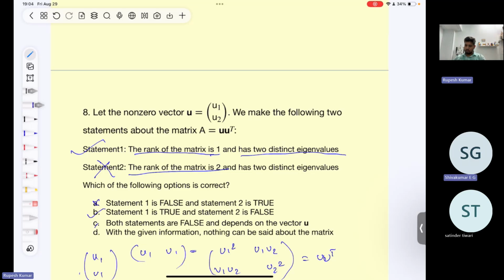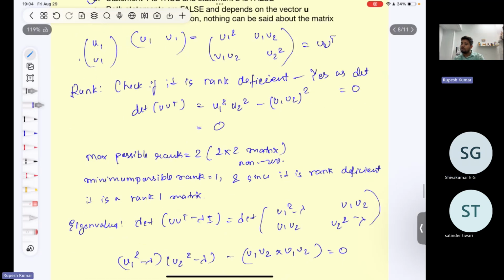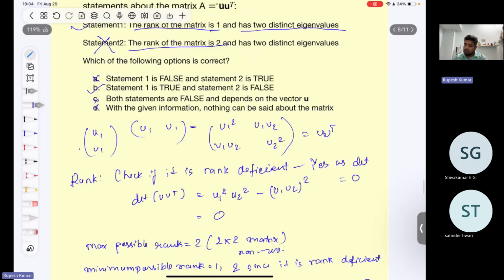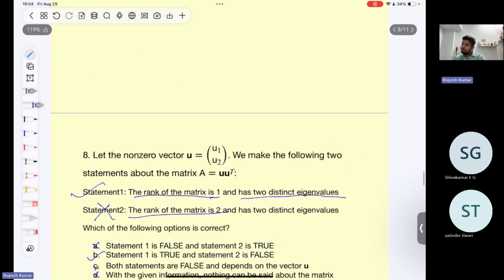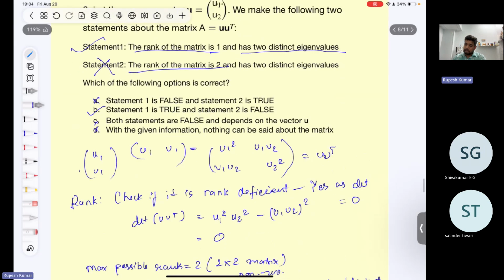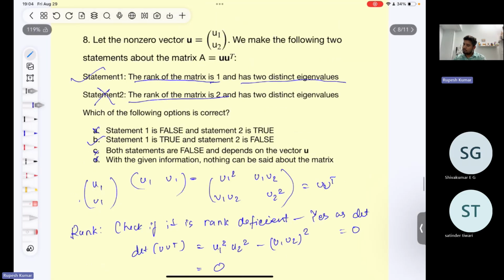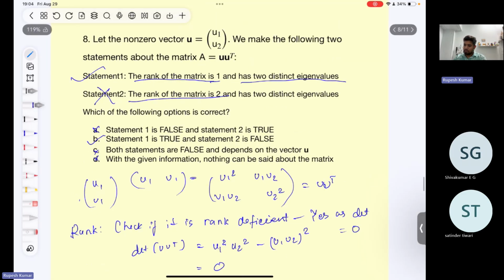It starts with the u1, v1 vector. No, sorry, these were u1, v1. Let me correct this. Let's call them u1, u2.